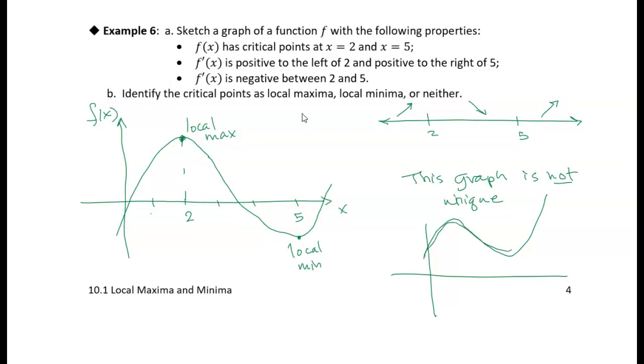I don't know how far up these values are going. I could go way up here. Oops, that's okay, getting a little crazy there. Anyway, you get the idea. This graph is not unique because I really don't know what the magnitude of these points are. All I know is what's happening with the derivative. So that's just the general shape of the graph.